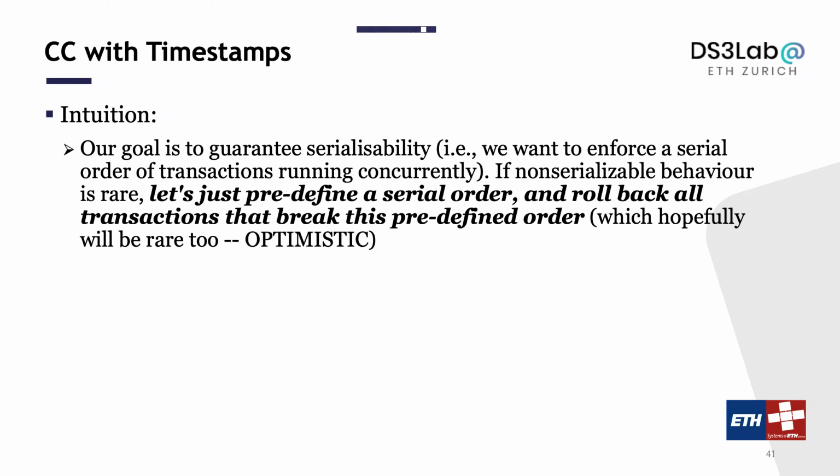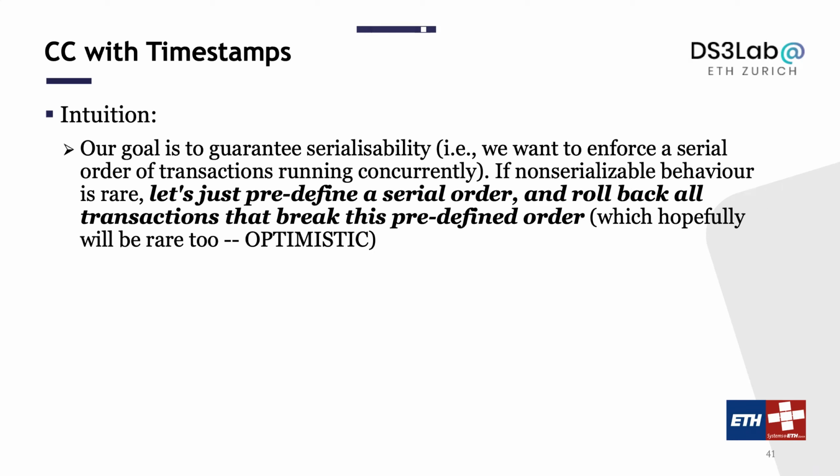Assuming non-serializable behavior is very rare, in the sense that maybe after 10,000 transactions you have one transaction that conflicts with everyone else, but otherwise all those transactions play nicely with each other anyway.